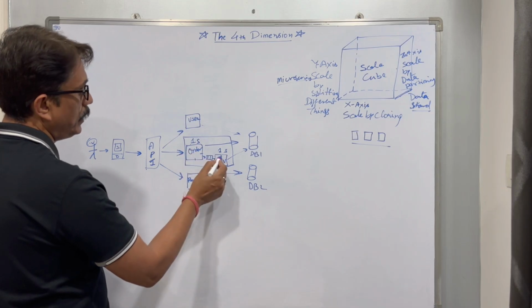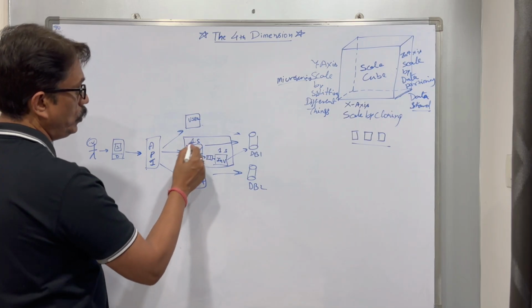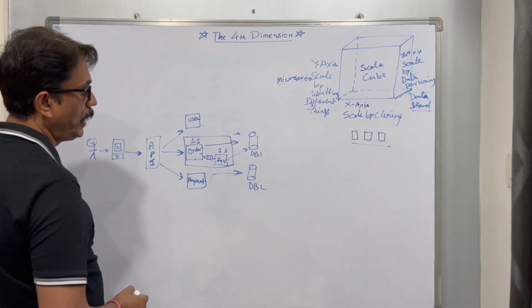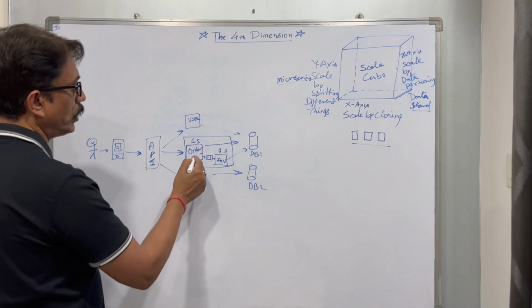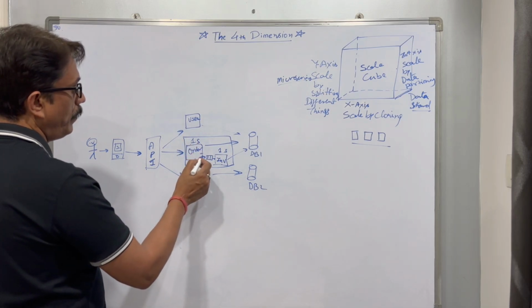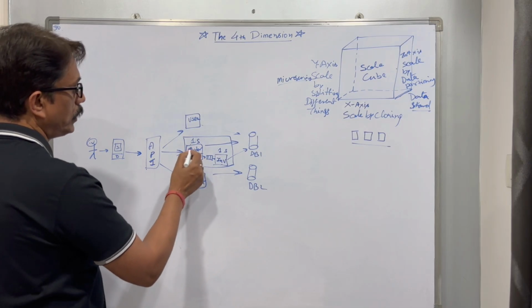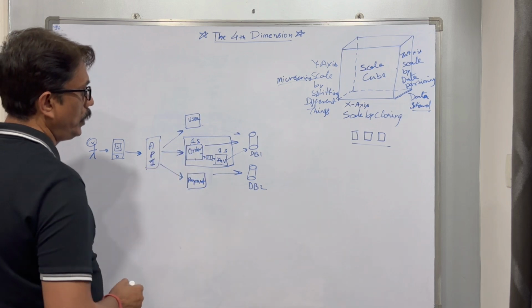So the response time is still 2 seconds, because 1 second this service will take and 1 second this service will take, but the scalability is more. Because after putting this message in this queue, the order service can take the next request, and within 2 seconds it can process 2 requests.